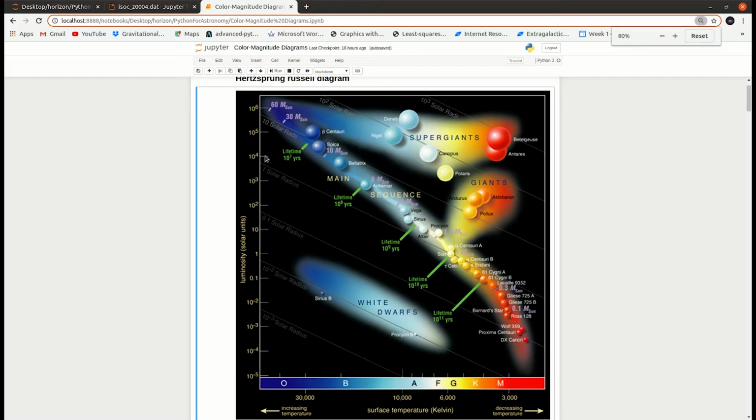There are these diagonal lines that represent the radius, which is another interesting piece of information here. So you can see this is the radius for one solar radius, and when you go down, the radius decreases. And these are very, very small stars, that's why they're called white dwarfs, and their radius lies at around 10 power minus 2 solar radius. Okay, let's not dive much into white dwarfs, but if you want, you can check them out. They're really cool stuff to study.